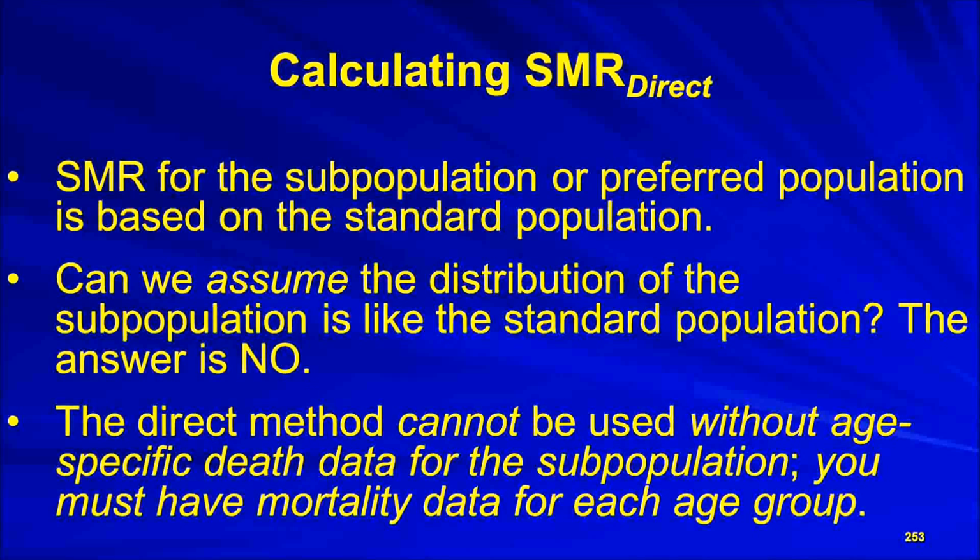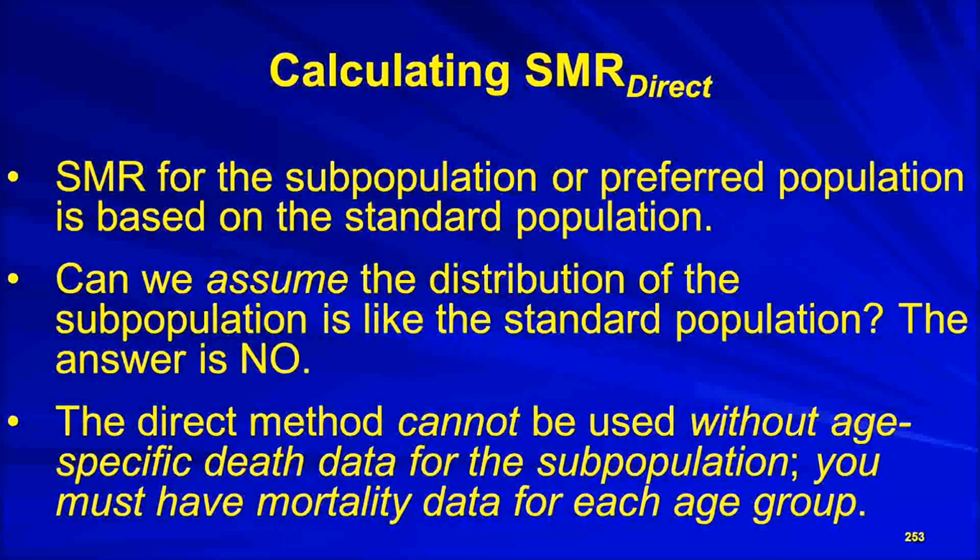The next thing that you have to, we're doing a distribution method, but in order to do a direct method, you must have age-specific death data for the subpopulation, or Honolulu, Hawaii, in this particular case.